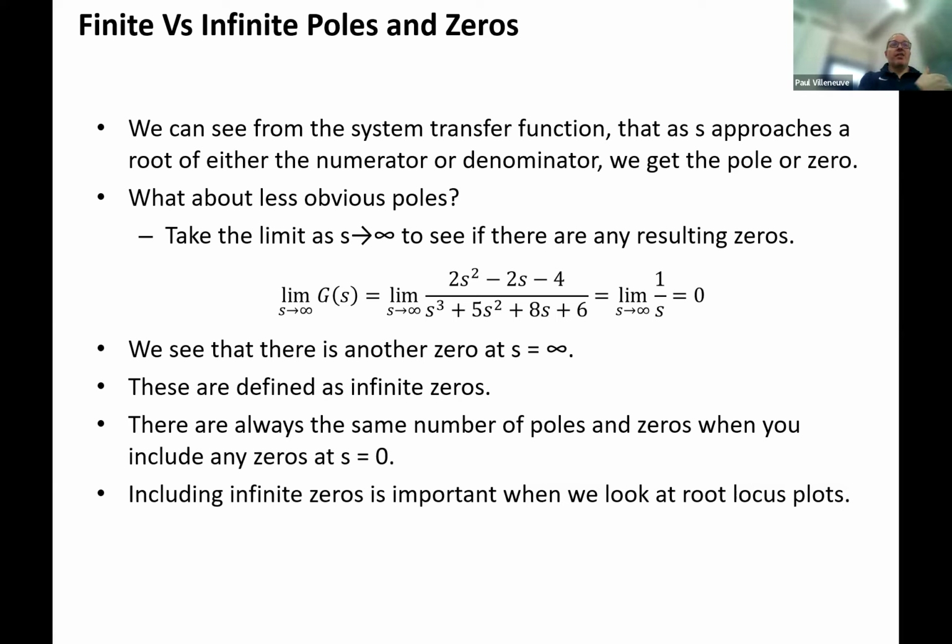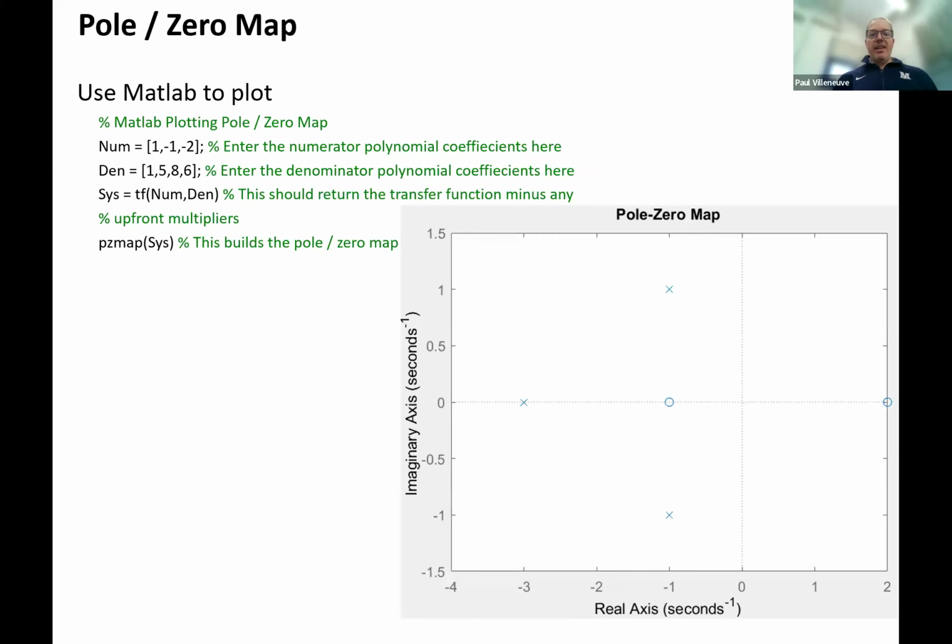Because the transfer function either has to approach infinity or 0 for it to be a pole or a zero, respectively. Doesn't this approach a zero at s equals infinity? So if I really want to append that, I will add another zero and write s equals infinity over there.